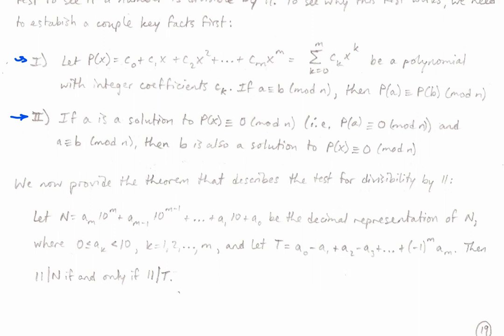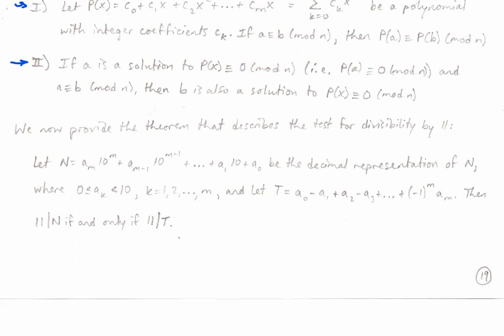So it's the digit in the ones place, minus the digit in the tens place, plus the digit in the hundreds place, minus the digit in the thousands place. You keep going with that pattern until you've added or subtracted all of the digits, and you'll come up with some finite number. Then 11 divides N if and only if 11 divides T.